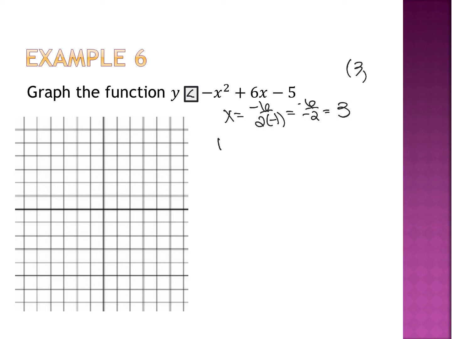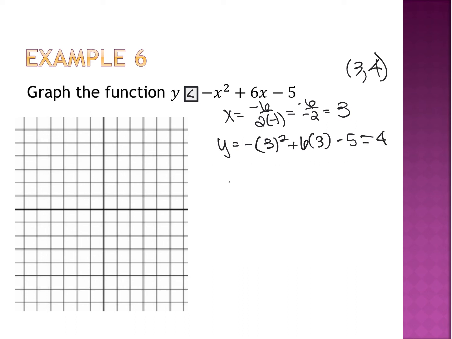To find that y coordinate, I'm going to plug in: I have a negative 3 squared plus 6 times 3 minus 5. So 3 squared is 9, times a negative 1 is a negative 9, plus 18 gives me a positive 9, minus 5 gives me a positive 4.